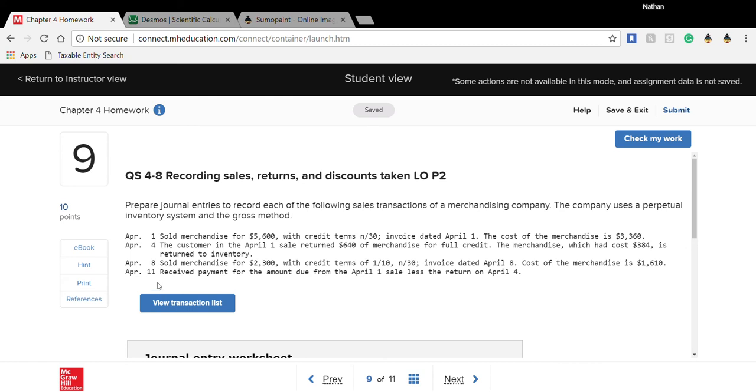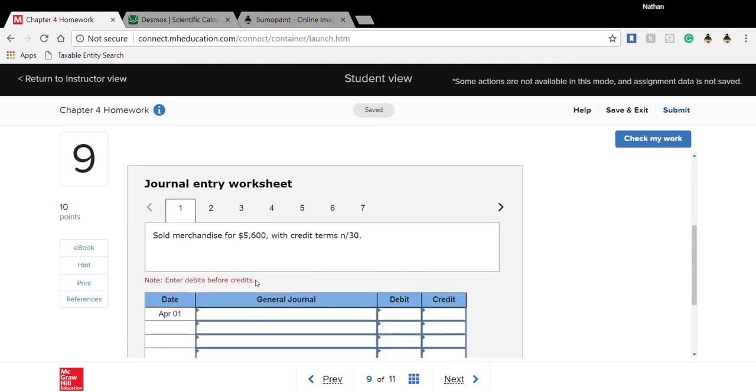So, of course, we got 3 accounts that we're going to look at. That's 3 extra journal entries. So, let's start off first on April 1st. April Fool's Day, we decided to sell merchandise for $5,600. That's all we're focusing on in this journal entry.